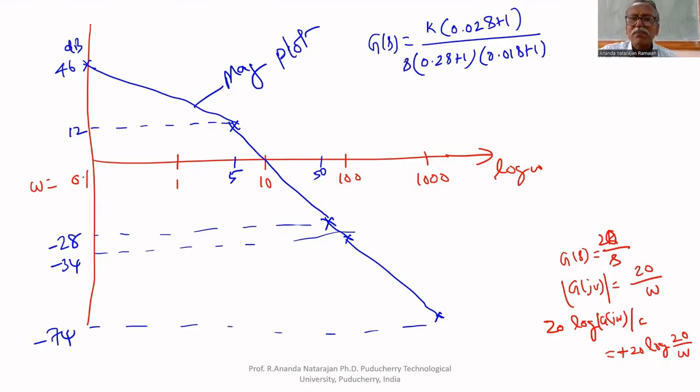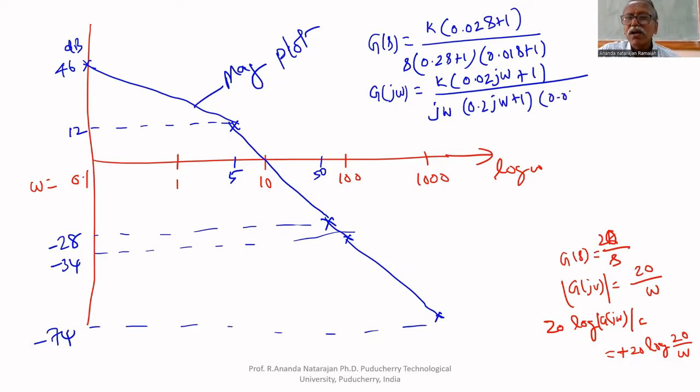Am I correct? To find the phase plot, G of j omega equals K times (0.02 j omega plus 1) whole divided by j omega times (0.2 j omega plus 1) times (0.01 j omega plus 1).